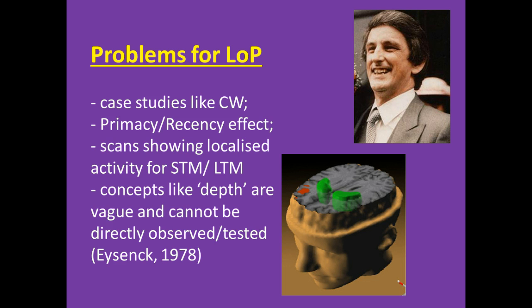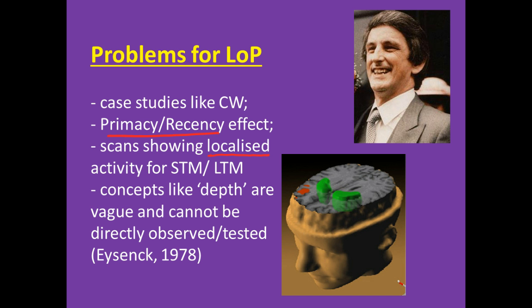The picture shows activity in the frontal lobes, which is short-term memory. Eysenck pointed out that concepts like depth are vague and can't be directly observed and tested, which is a big problem for a theory that's supposed to be a scientific theory.